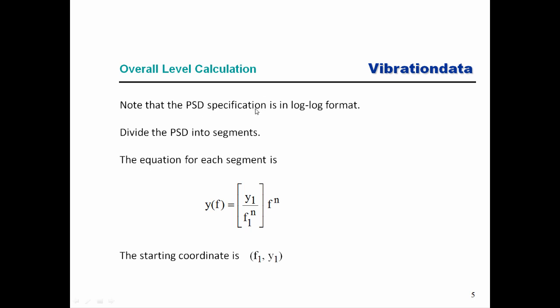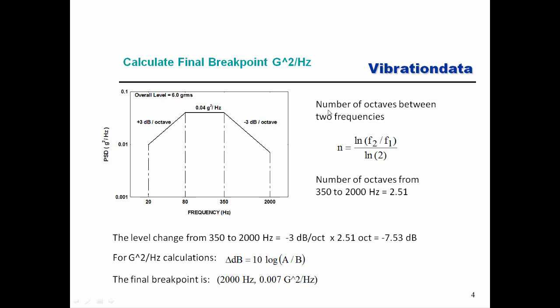So our PSD specification almost always is in log-log format. And to do that calculation that we've just performed to calculate the 6 GRMS level, we have to divide this up into 3 segments. So we're going to calculate the GRMS squared area for each of the 3 segments, and then the overall level is the square root of the sum of the squares.